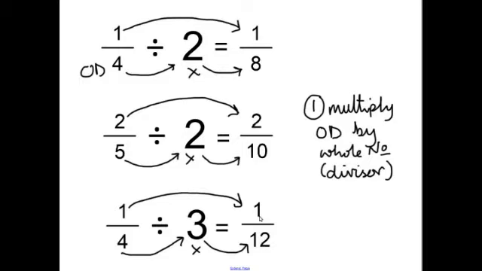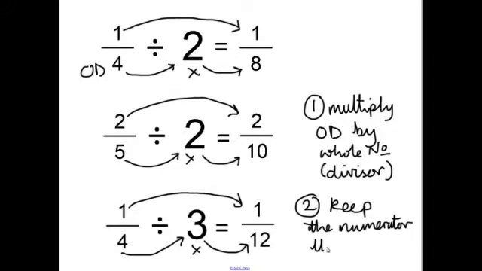It seems a bit funny, but if you go back to the last video you'll be able to see why that's happening. So we multiply the original denominator by the whole number, the divisor, and keep the numerator the same. Fairly straightforward steps for dividing fractions by whole numbers.